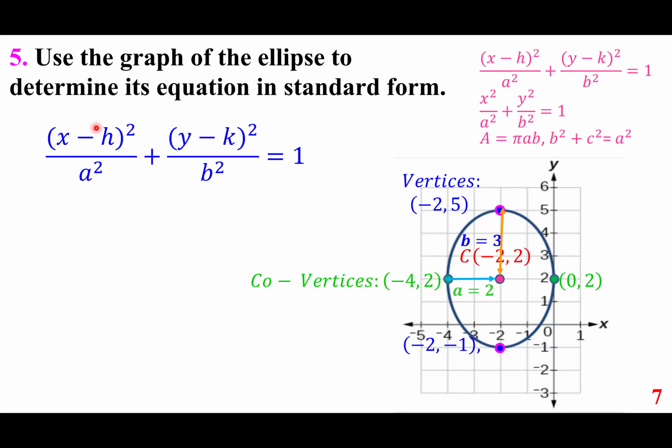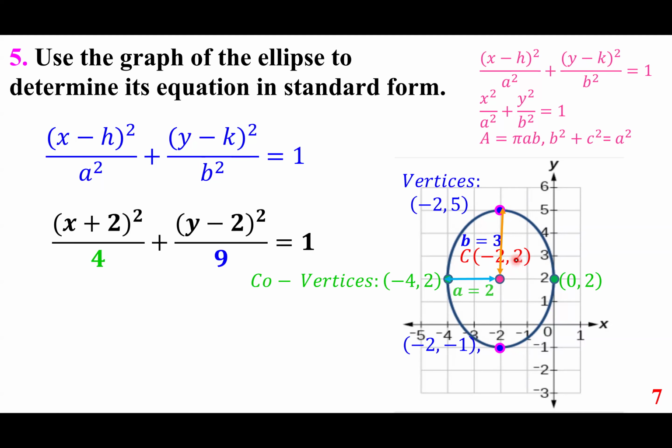H and K, X minus H, X minus minus 2, that means plus 2. Quantity squared, Y minus K, Y minus 2. Quantity squared over 9 equals 1. Very straightforward, everybody. A quick recap, you just locate the center and these 4 points, vertices and co-vertices. The distance between these two is 8, the distance between these two is B.